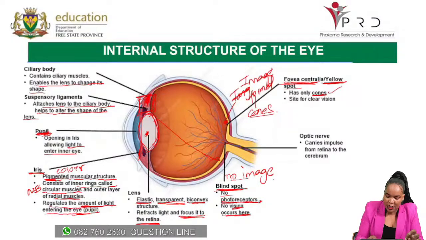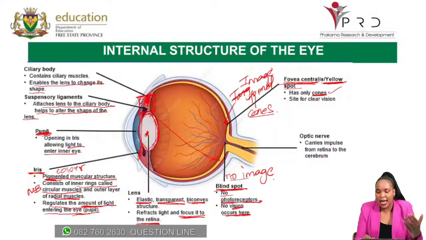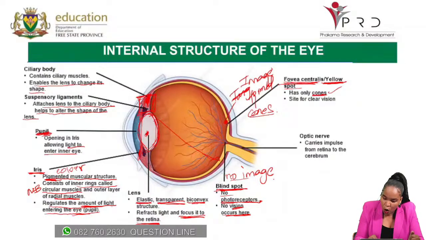And then when all this image is formed, remember we said the photoreceptors are going to convert it into an impulse. That impulse is therefore going to travel into the optic nerve. You see the optic nerve here? The optic nerve carries the impulse from the retina to the cerebrum.